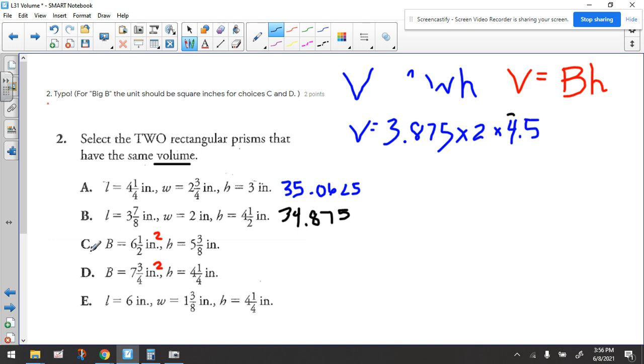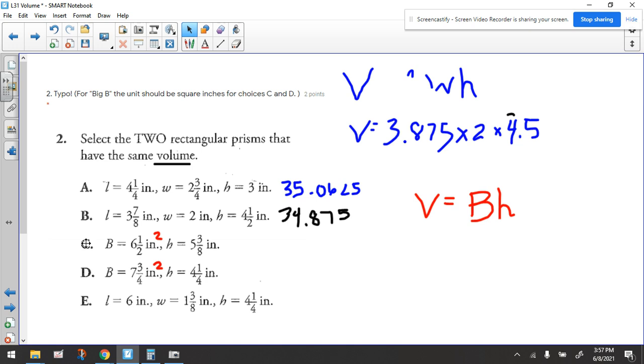All right, now I'm going to do C together with you, but you're going to have to do D and E by yourself. So if we do C, that's the one where we're going to use this formula because they give us the area of one of the faces. They give us the area of the base. So we're going to use this red formula to find the volume of choice C, which would be, excuse me, I have a little bit of a cough, 6.5 for big B times this number, 5 3/8.